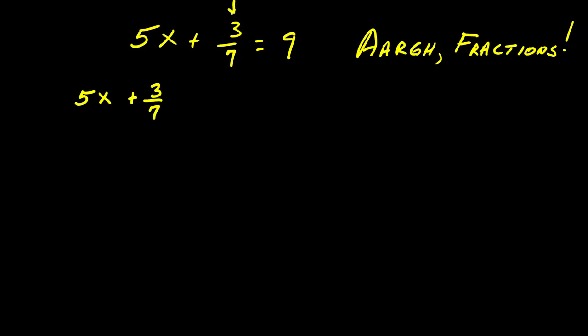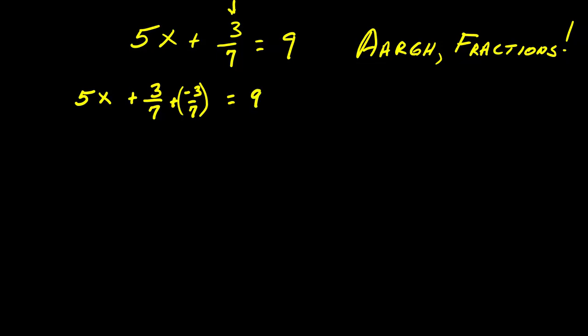And to get rid of that constant, what we mean is to zero it out. And to zero that out, we use the additive inverse. And the additive inverse says to add the opposite. And since I added a negative 3/7 to the left-hand side of the equal sign, I'll do the same thing to the other side.